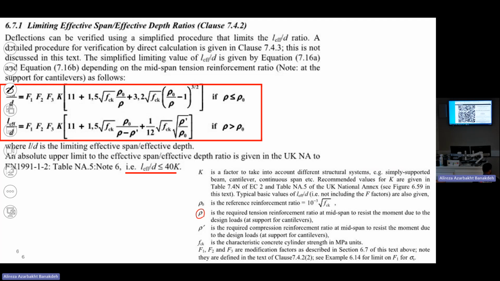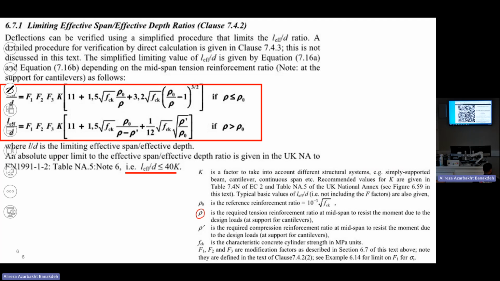Because if you have a cantilever, the maximum is at the support. If you have a regular beam on two supports, the maximum is in the middle. So you need to work with the maximum. Where is the critical section? If it's a beam on two supports, it's the middle. If it's a cantilever, it's at the support.